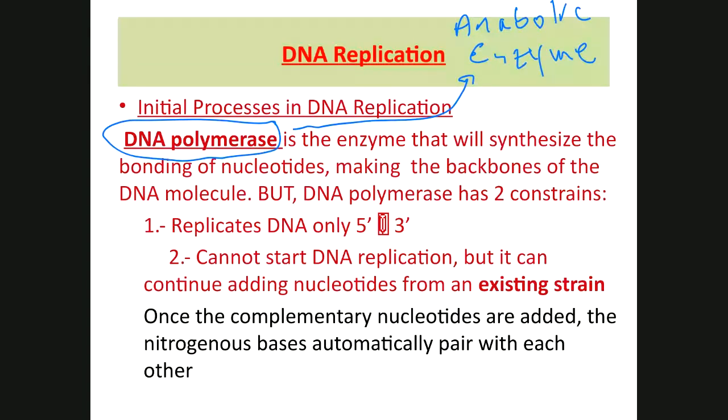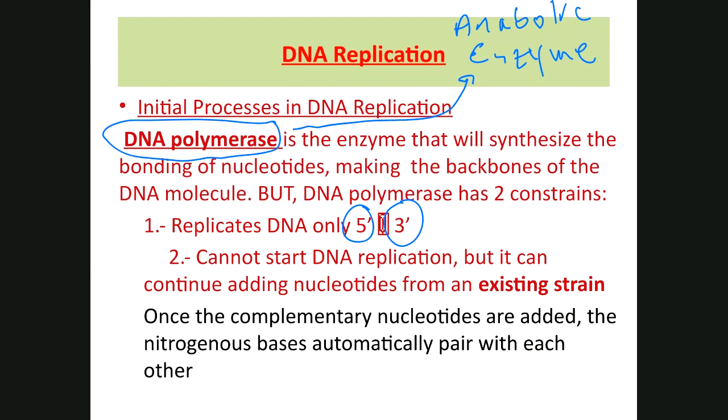So the characteristic of DNA polymerase is twofold. First of all, it can only put nucleotides in their place in one direction. It can only proceed in the 5 prime to 3 prime direction. It cannot grab a nucleotide in the 3 prime to 5 prime configuration and begin to move in that configuration.